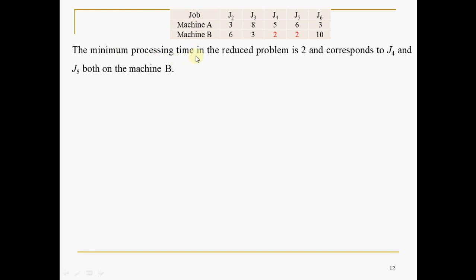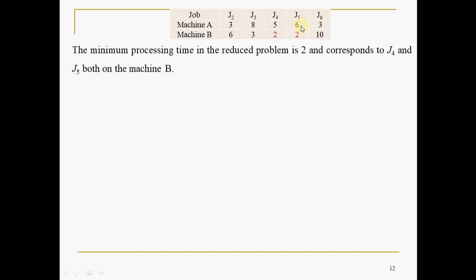The minimum processing time in the reduced table is 2 minutes. And it corresponds to J4 and J5 both on machine B, that is M2. So just now we discussed this falls under case 2. When there is a tie on machine 2, you see the opposite processing times, 25 and 26.